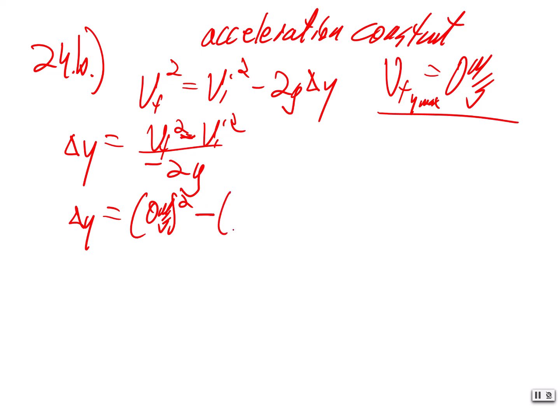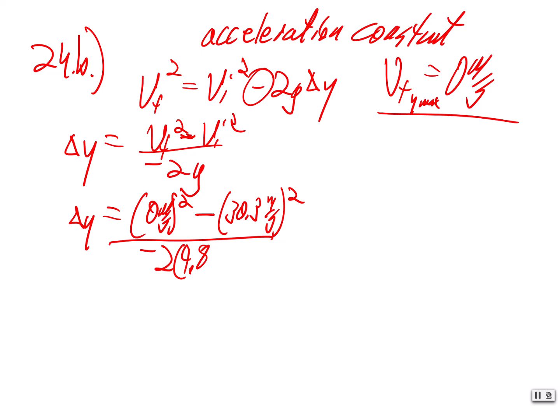It's this right here: 30.3 meters per second, that was the initial, squared over 2 times, not negative 9.8 now. The negative's already there. I don't need to put it again.